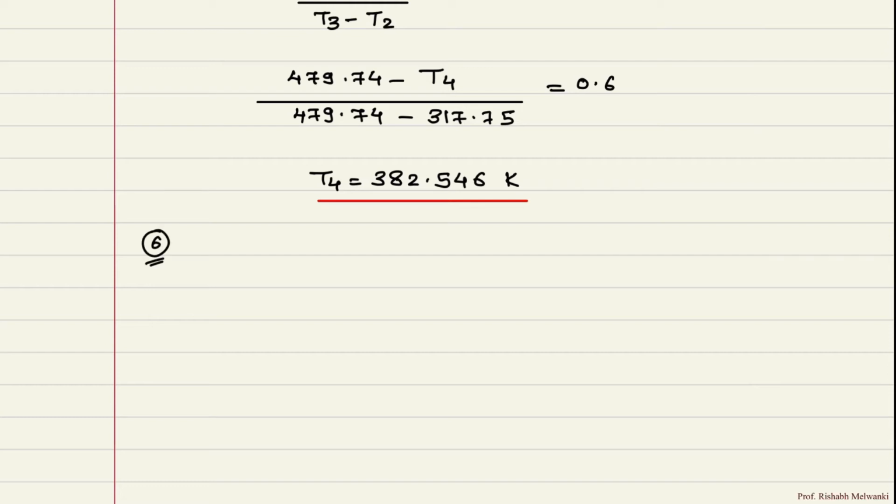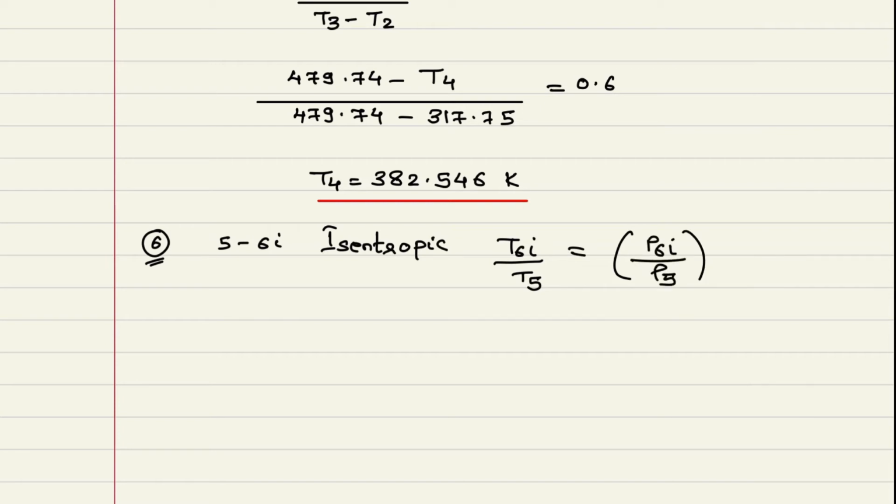Now this process 5 to 6i, we have to consider isentropic, which is isentropic expansion in turbine. So we can write T6i upon T5 is equal to P6i upon P5 raised to gamma minus 1 upon gamma. Here you can write either P6i or P6; it doesn't matter for the turbine.